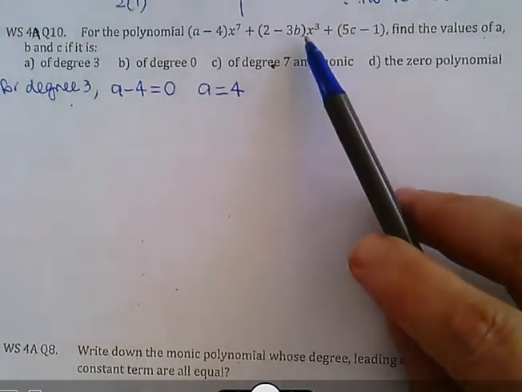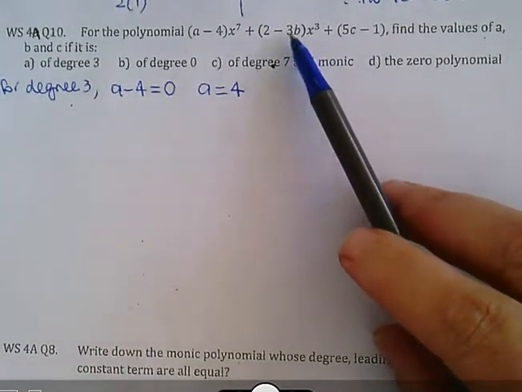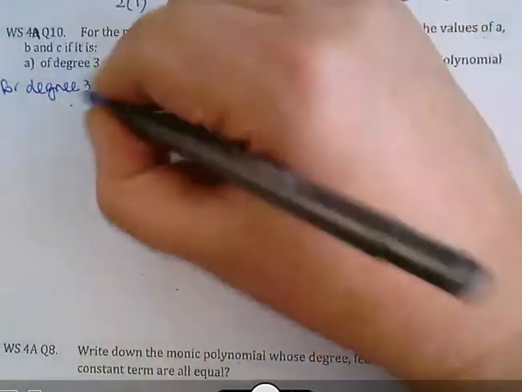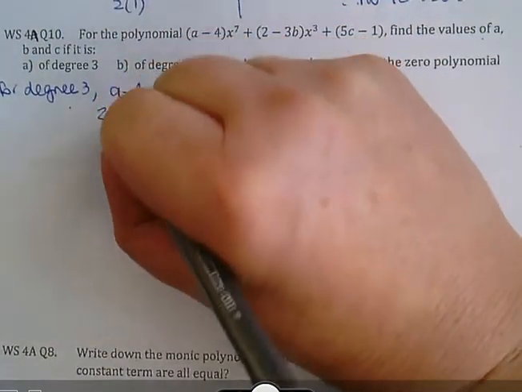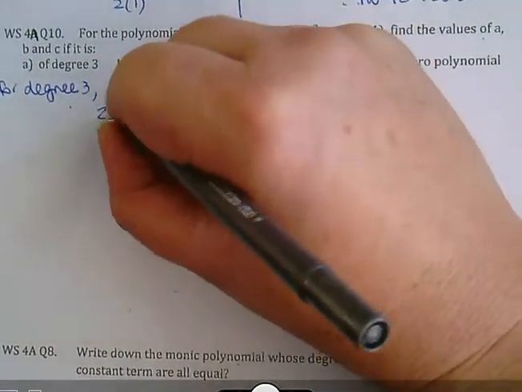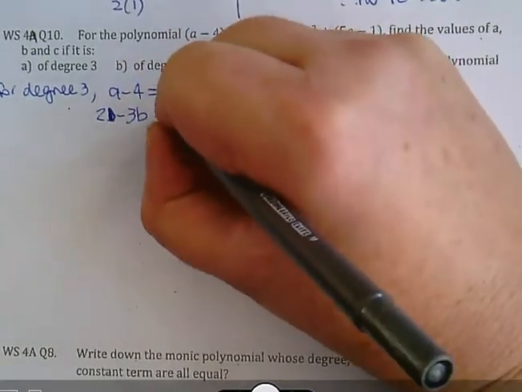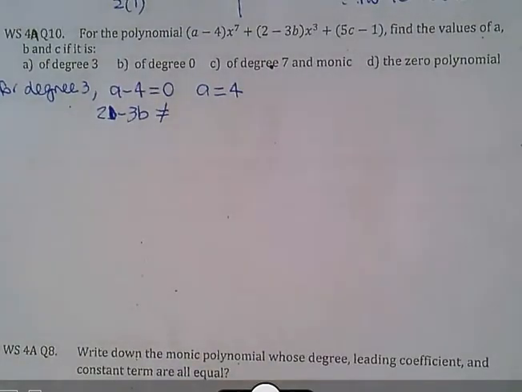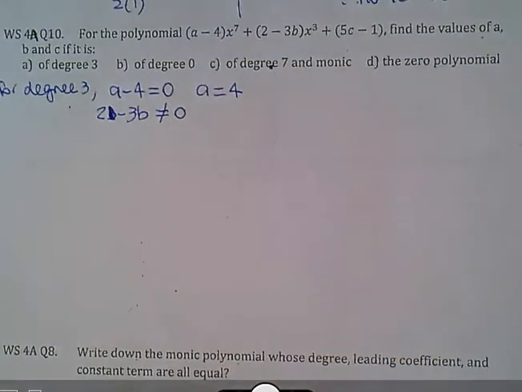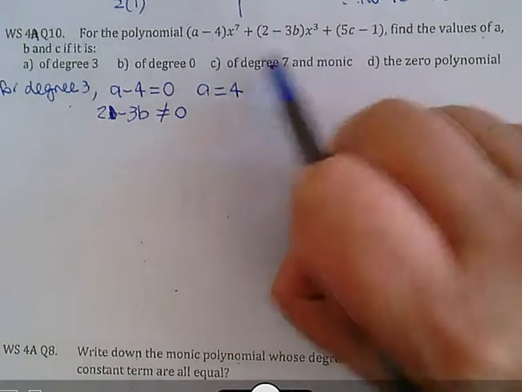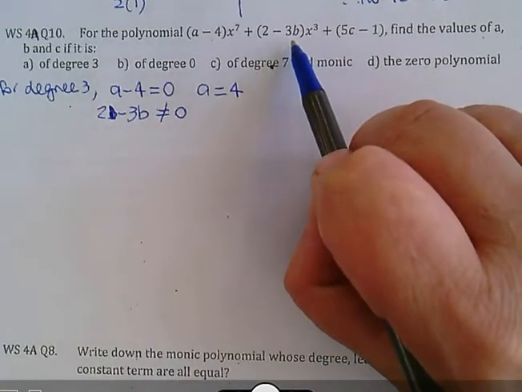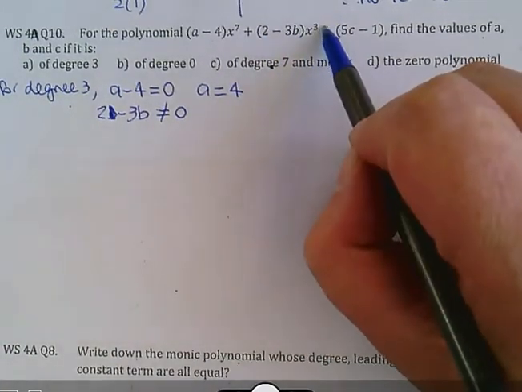Now, if it's degree 3 as well, 2 minus 3b can't equal 0. Otherwise, it's going to be the 0 polynomial. So if 2 minus 3b equals 0, then it's not degree 3 either.